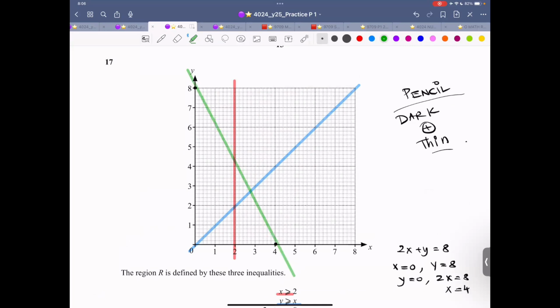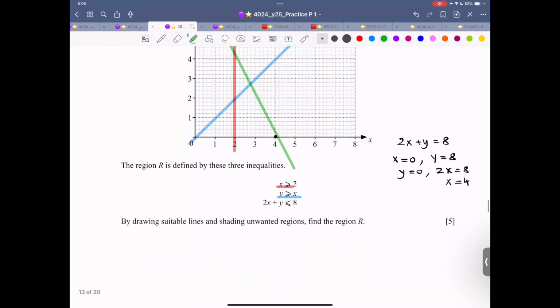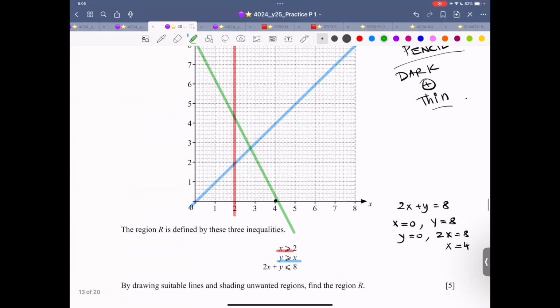Okay, fair enough. By drawing suitable lines and shading unwanted regions, find region R. So right away, without any thinking, I can write this as region R, because we are shading the unwanted region.